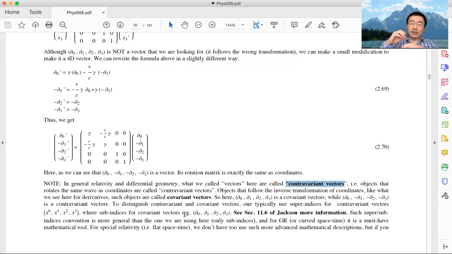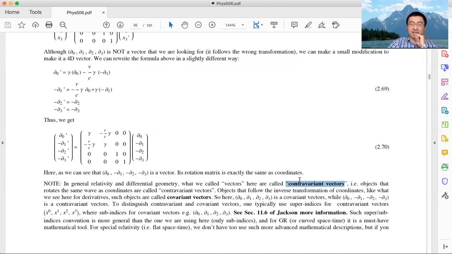If you want to learn general relativity, you have to get familiar with the terminology of contravariant and covariant vectors. In general relativity, we have to distinguish them, because the metric tensor is more complicated, and this terminology helps a lot.